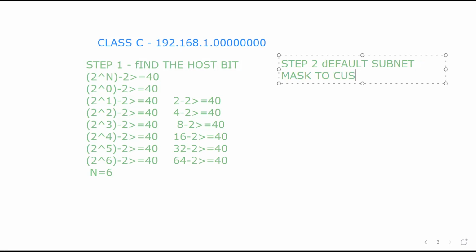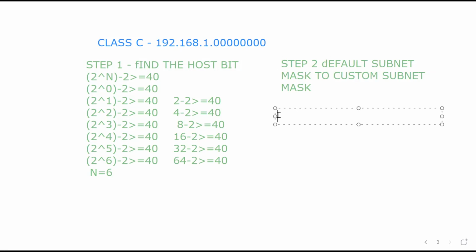How will we do it? What is the class C subnet mask? 255.255.255.0. Network bits go left to right, and host bits go right to left.